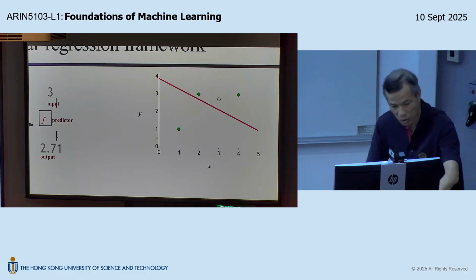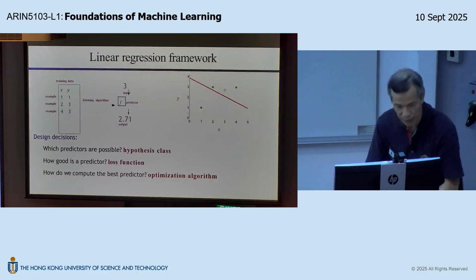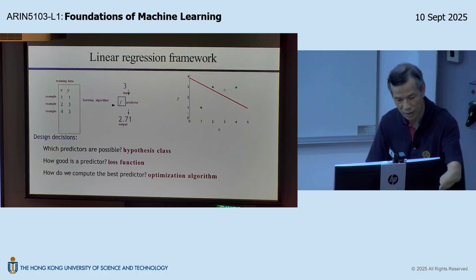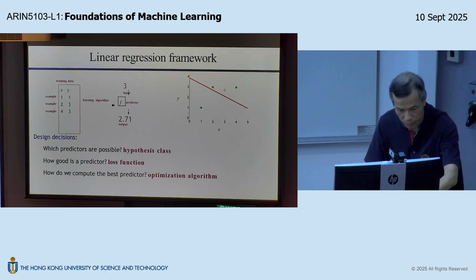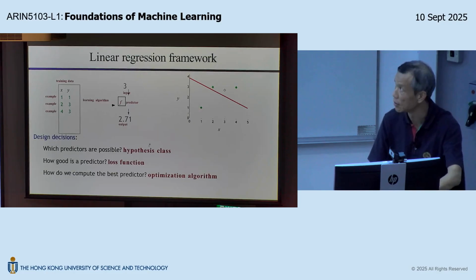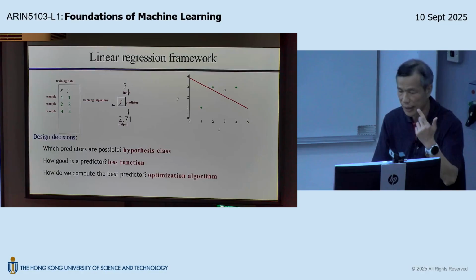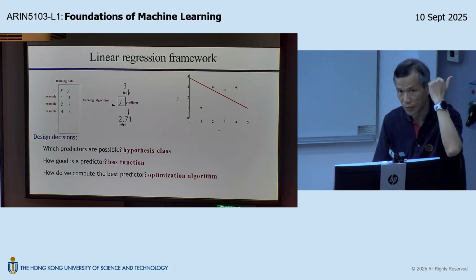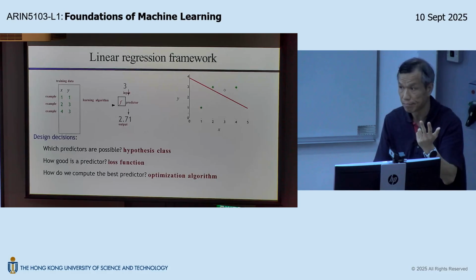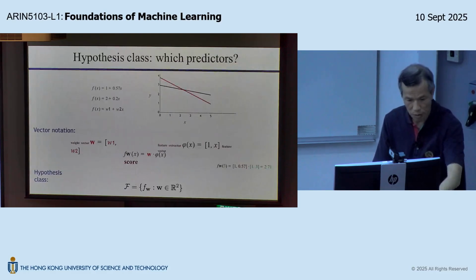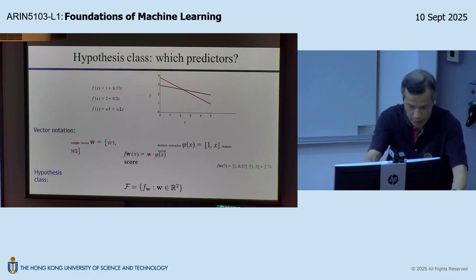You want to minimize the loss, and that leads to the third question: you need some optimization effort. So in the regression setting, you need to define the model class, you need to define the loss, and you need to find an optimization algorithm. Is it clear? So let's go into the specifics.